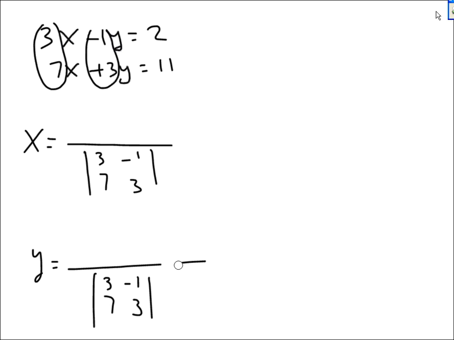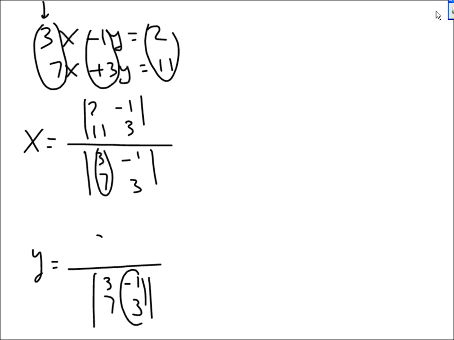The top one changes. Since I'm solving for x, the first column gets replaced with 2, 11. The other column stays the same. When you want to solve for y, the y column on top gets changed. It becomes 2, 11. It's as simple as that.